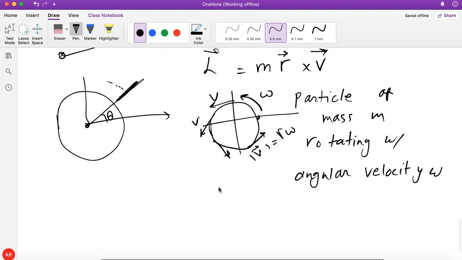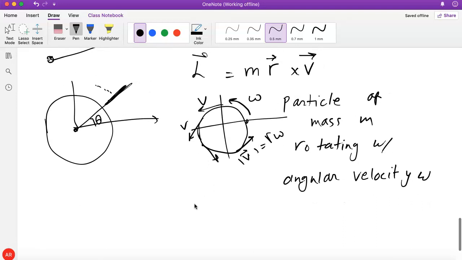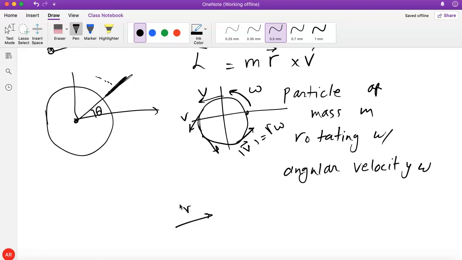So what are we going to get? In this special case, we have the vector r here, and a vector perpendicular to it, tangent to the circle, perpendicular to the radius, whose length is r omega. Let's call this v, such that the length is r omega, the length of the vector r times omega.